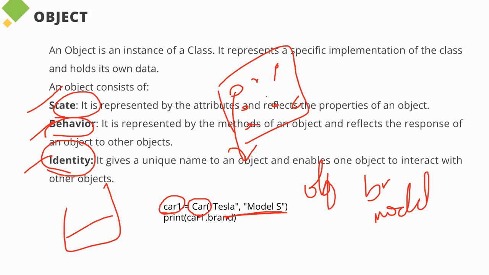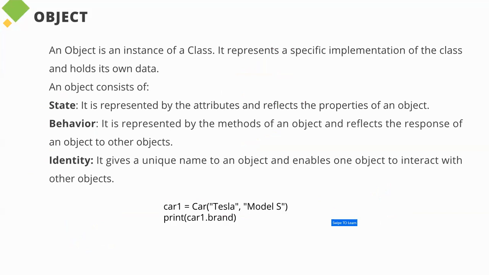And as I told you, you can access them using the dot operator. If you go with car1 dot brand, it gives us Tesla. If you write print car1 dot model, it gives Model S, right? This is class and object.